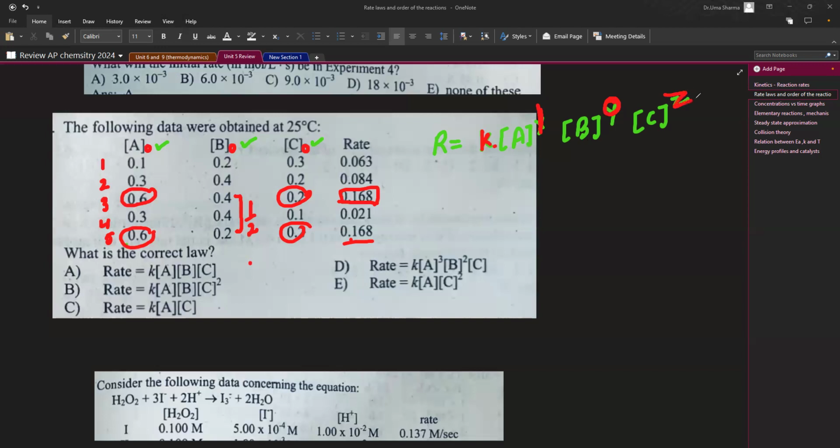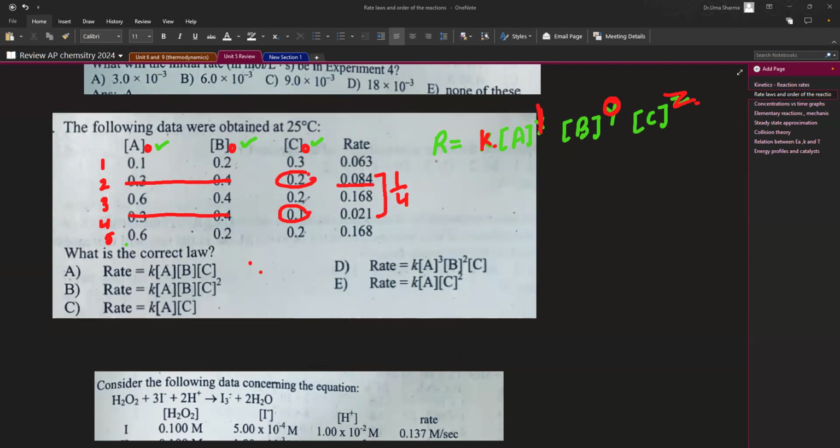To know the z, which two experiments, children? A and B should not be changing. I think these two, 0.2, 0.1. Is it exactly half or divided by 4? I think this is divided by 4. You divide it by 4, right?